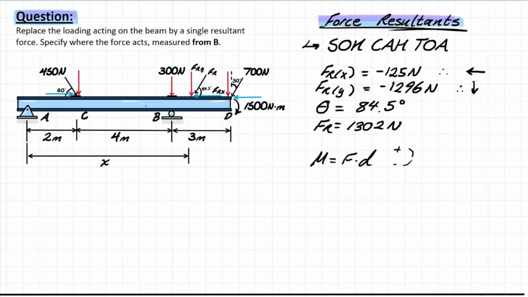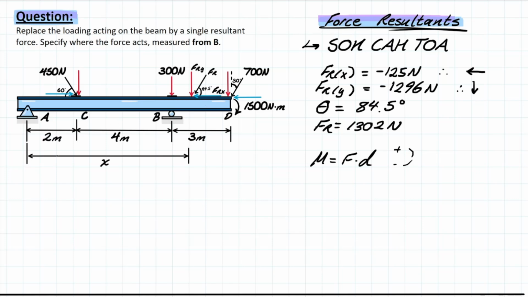Some other important points: we're going to be just looking at the y components for the moment. What that means is that we're assuming that this beam's thickness is negligible. It's really not too big of a deal, but for the sake of accuracy in this problem, we're just neglecting these x components in moment calculations.